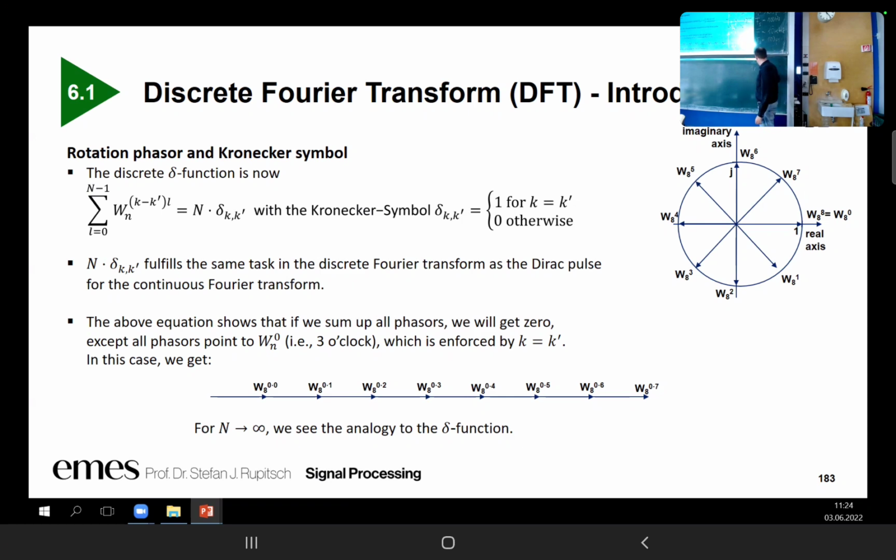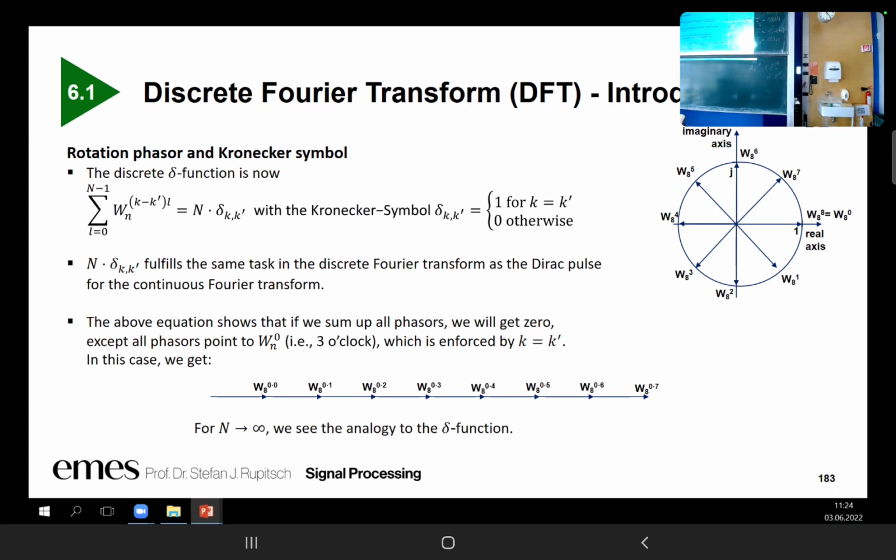Or let us assume the amplitude is A, and here we have amplitude 1 but minus j phi. And the result is then A with phase 0. Okay? And this only will be the case if we have exactly the correct frequency. Otherwise, the sum will be 0.